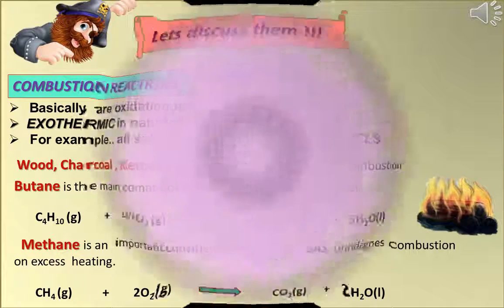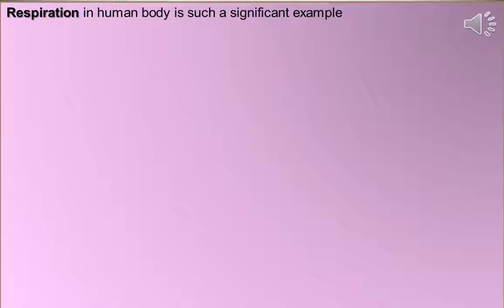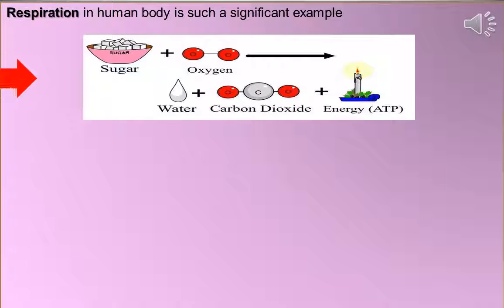Our human body is like a furnace where many combustion reactions take place. For example, respiration in our body, where the different foodstuffs that we eat undergo the oxidation process. Have a look at this picture. Now let's discuss respiration in detail.